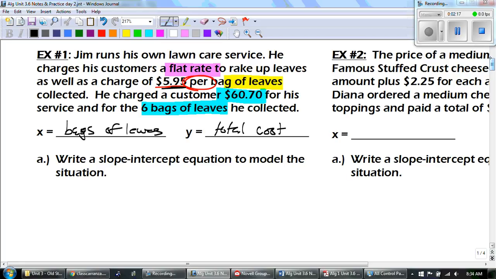Okay, yesterday all they did was give us 2. So I know that the word per is our slope. Now the other thing they gave us was a point, and they gave us the point 60.70 and 6. Now 6 is our x because that's the bag of leaves, and then 60.70 was the total.